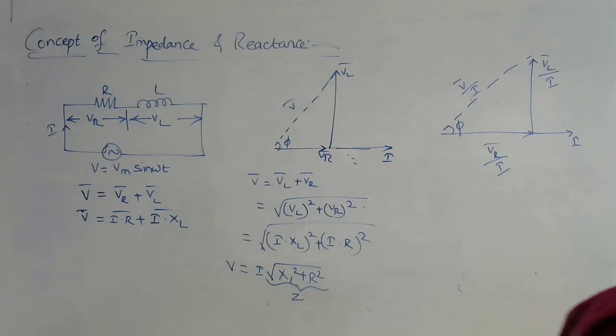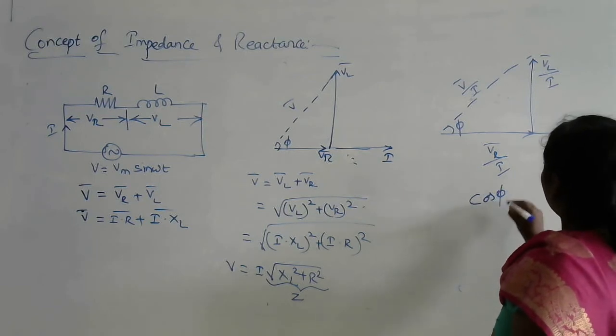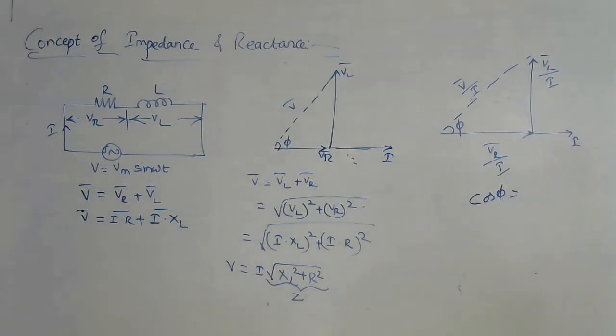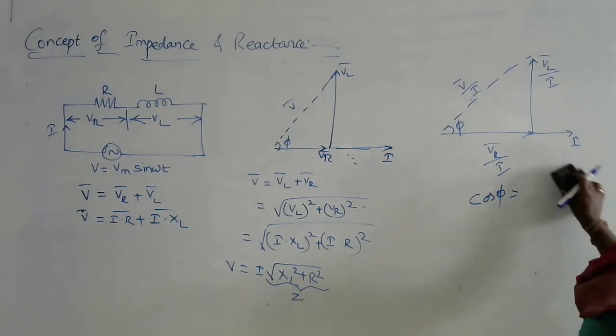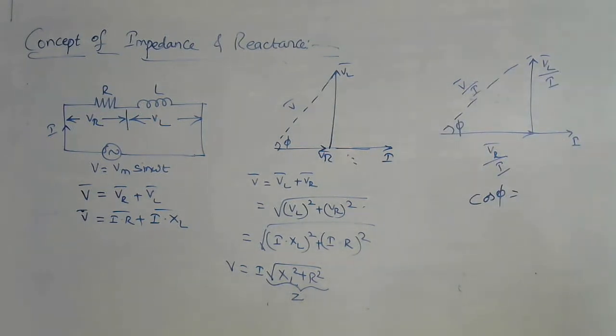From this impedance triangle, in simple words, if we divide the complete triangle by I, such a triangle is called an impedance triangle.